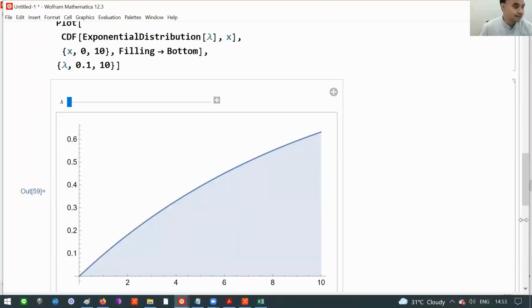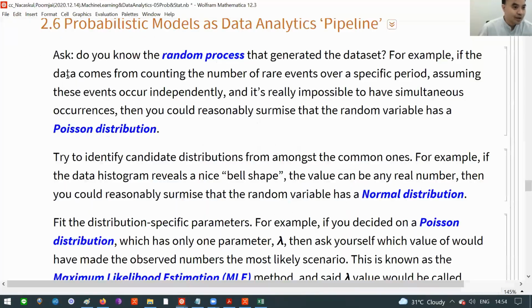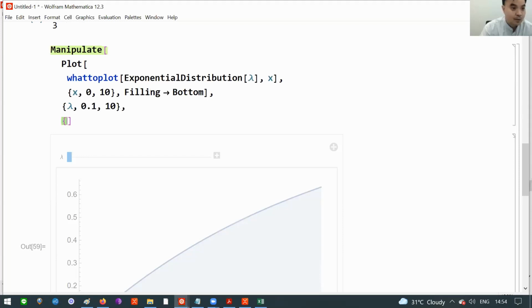And again, you can make it a choice of what to plot: either CDF or PDF.